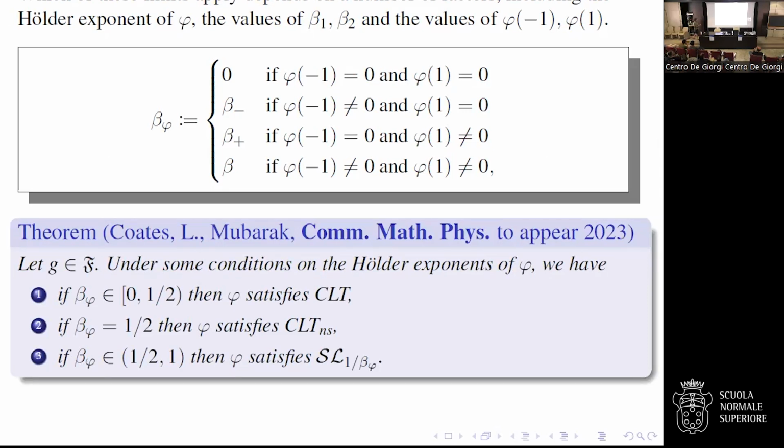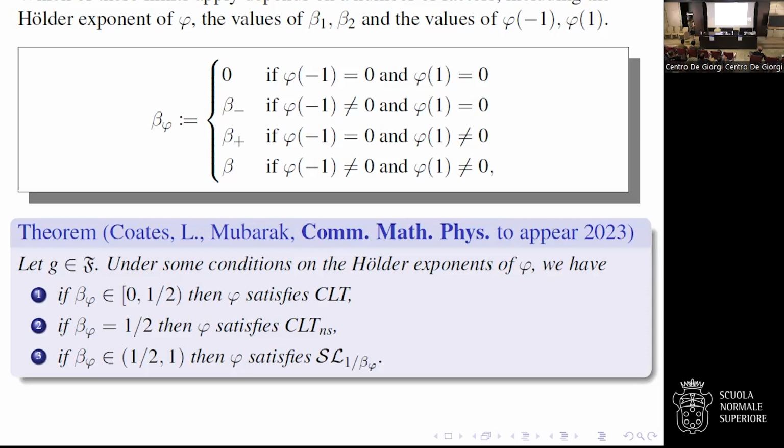So in some cases we get the central limit theorem, or the non-standard one, or stable laws, depending on this combination of factors. I think this is interesting because it is a feature of this particular system that has these two points. It's a fairly unusual situation that we get these combinations.